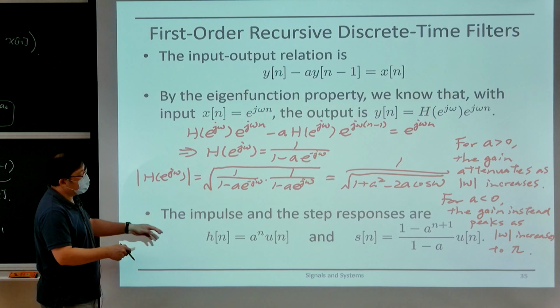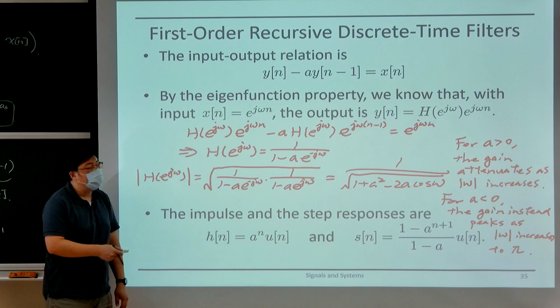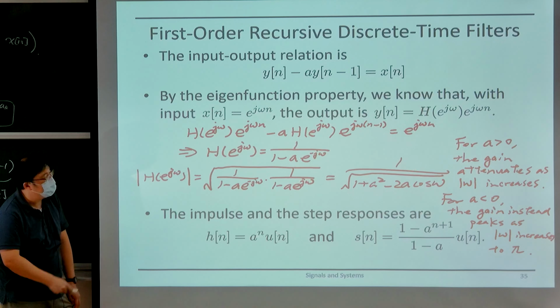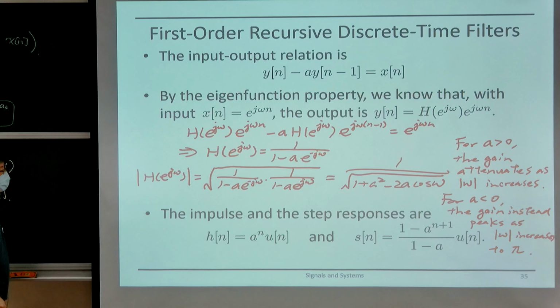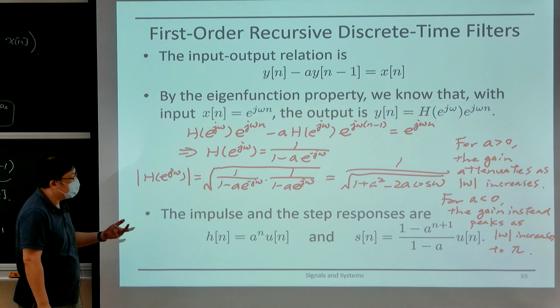So this is just a plot of this for a that is greater than 0 and less than 0. Now you can see a similar trade-off as in the previous example, right?